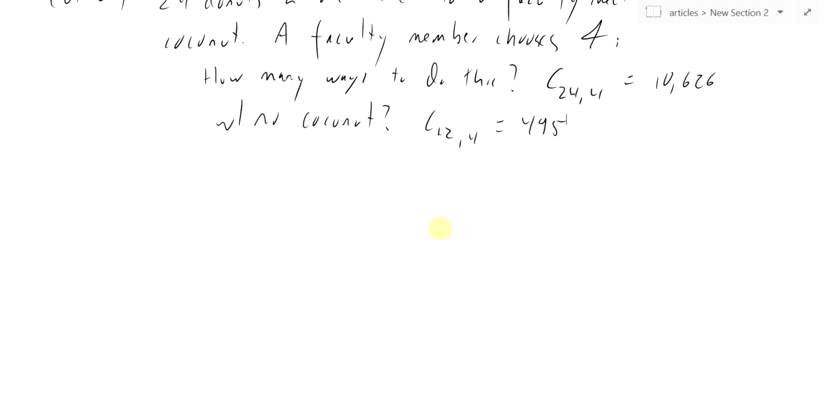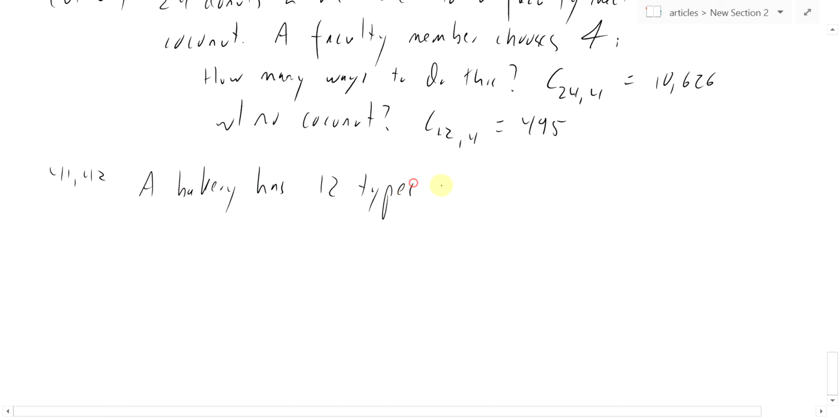We can, like in problems 41 and 42, combine combinations with the multiplication principle. So suppose a bakery has 12 types of donuts, 10 types of cakes, and 22 types of cupcakes.